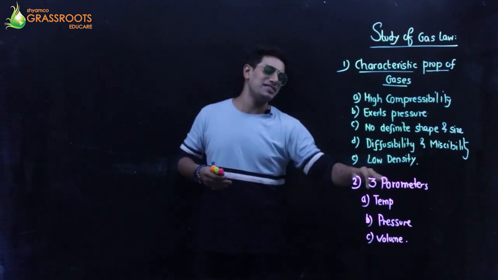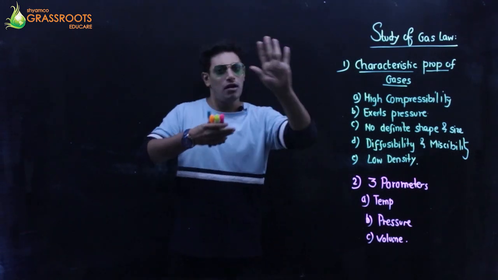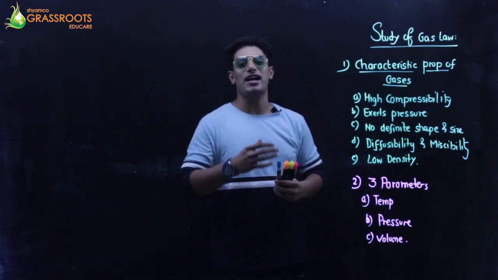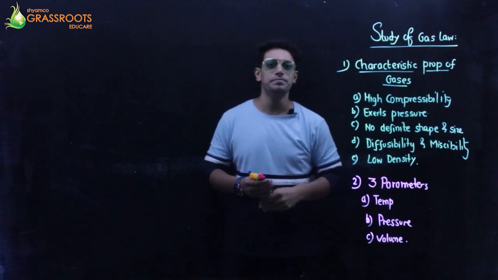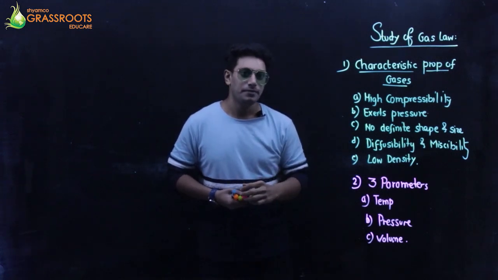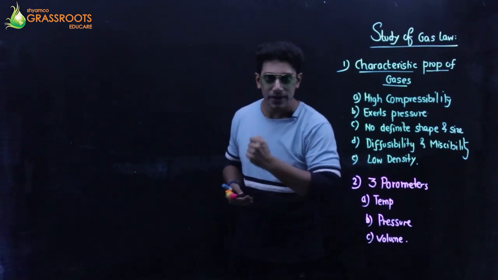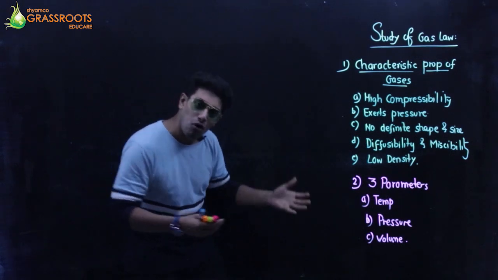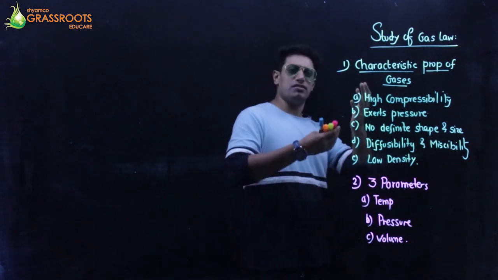So what I do is I take the average, the mean, of the molecular motion of all the gaseous molecules. So I can say, temperature indicates the kinetic energy. More the kinetic energy, more is the temperature.